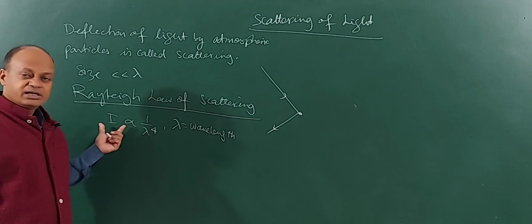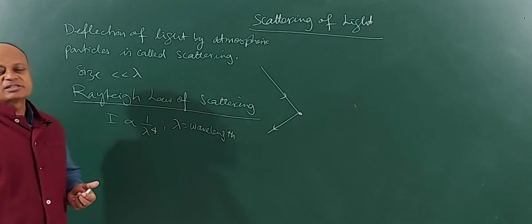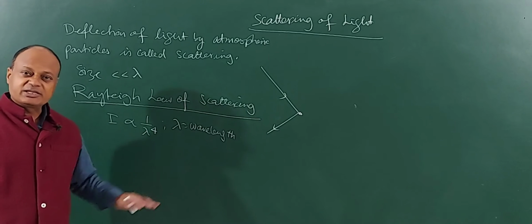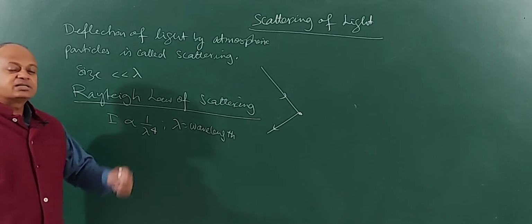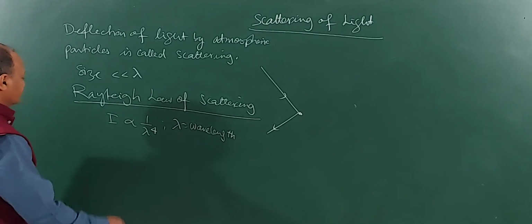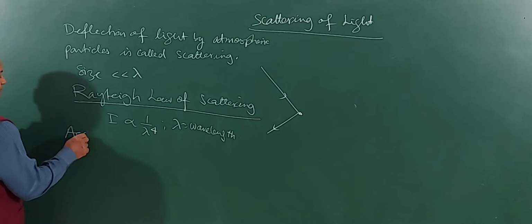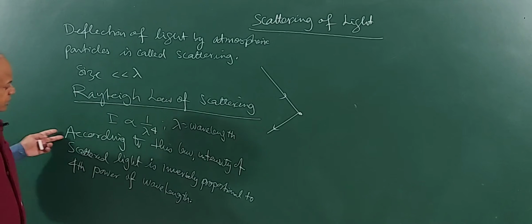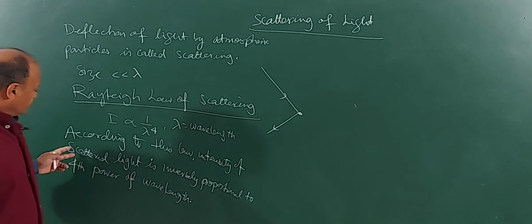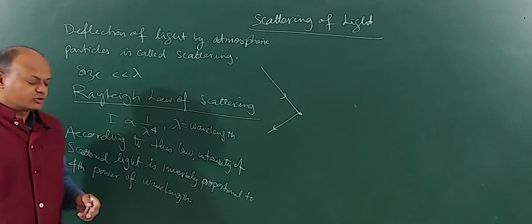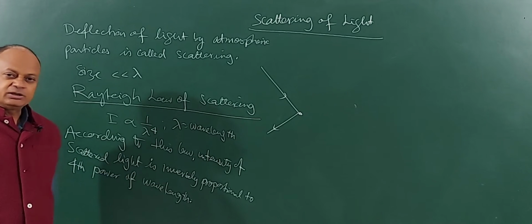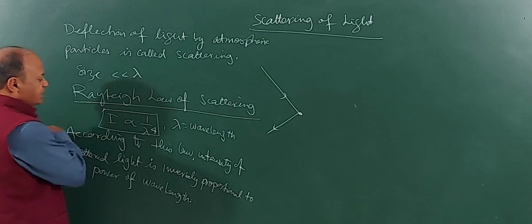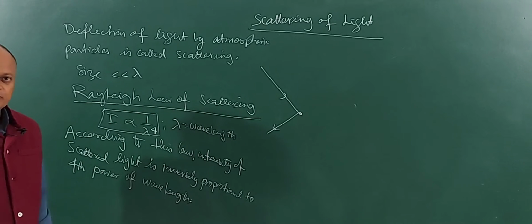More is the wavelength, less is the intensity of the scattered light, or less is the scattering. Now, before we discuss the implications of this law, we will complete the law itself here. So, according to this law, intensity of scattered light is inversely proportional to the 4th power of the wavelength used, and the law is mathematically stated here: I is inversely proportional to lambda to the power 4.